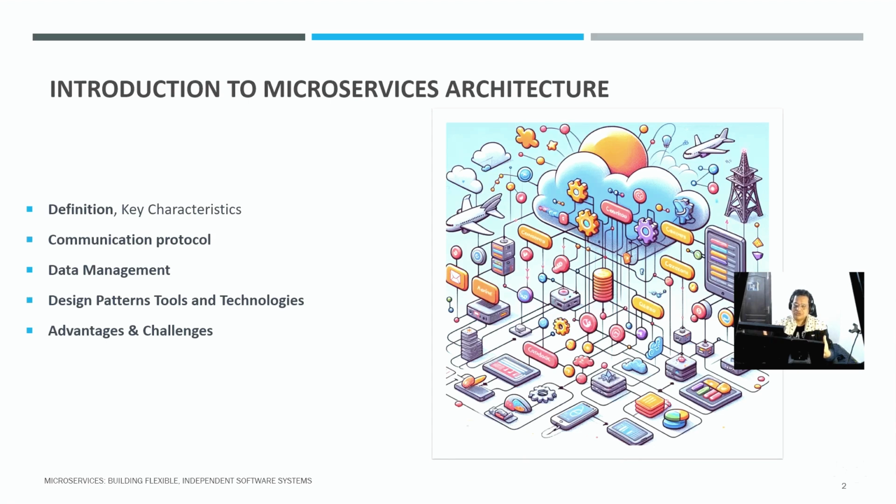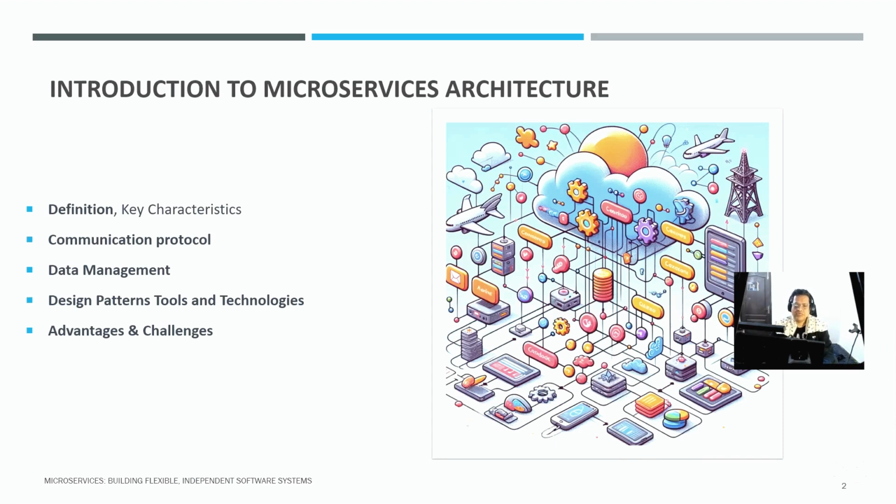I will definitely explain this when I discuss the disadvantages of microservices. But as of now, just try to understand that every microservice owns and manages its own database, right?